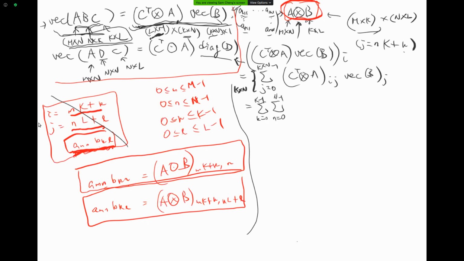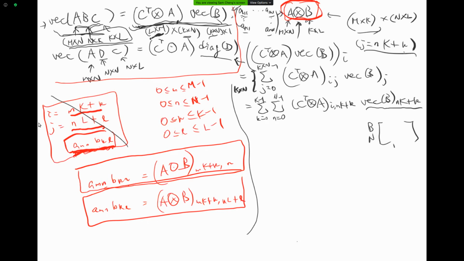So then I would pick j as this instead. So vectorized at j as n times K plus small k, instead, like C transpose A at i. This is n times K plus small k here. But now I'd like to think about what this is. B is a matrix with dimension N by K, right?